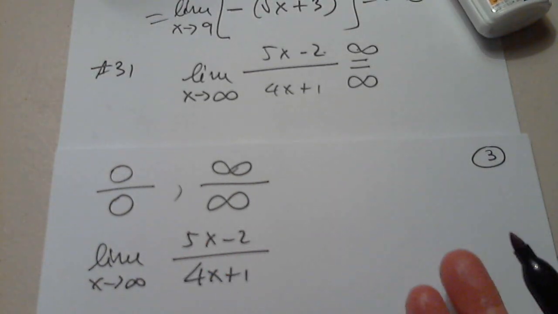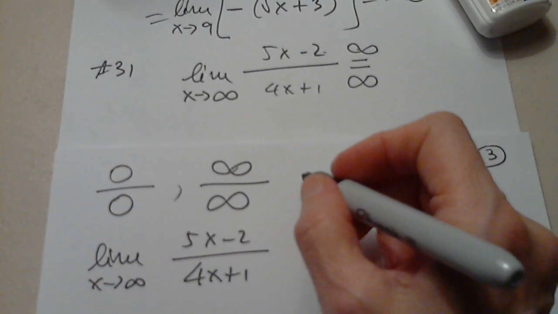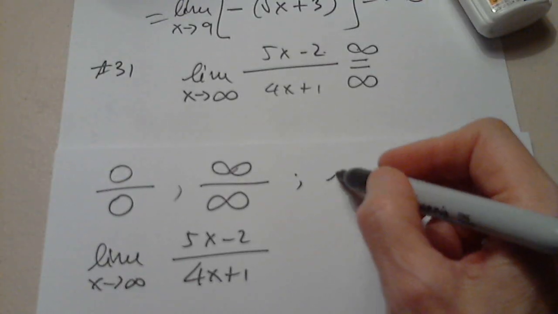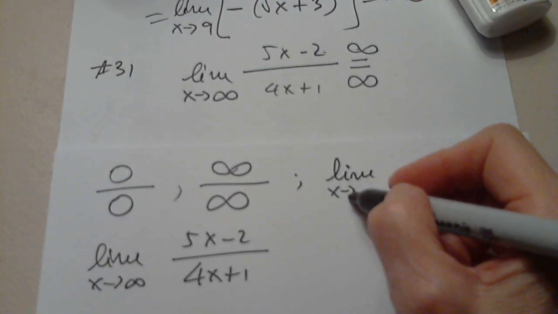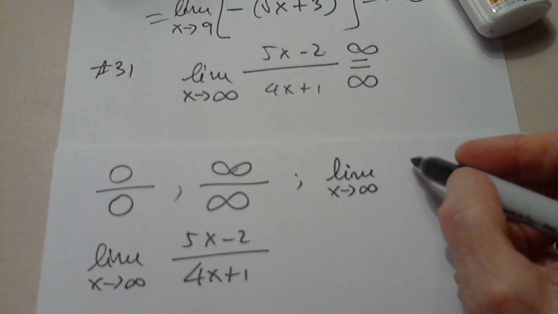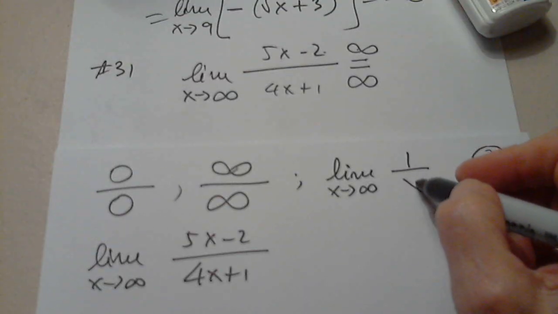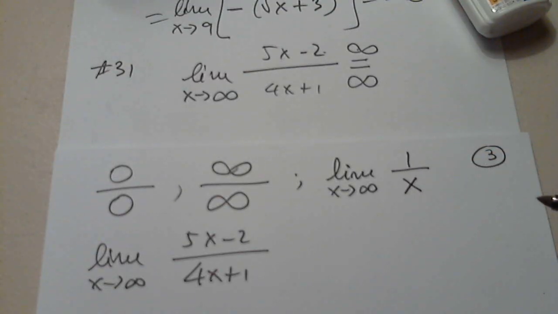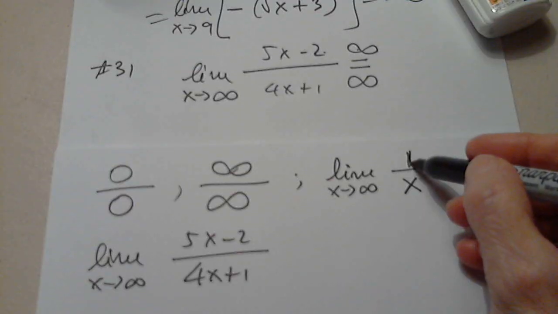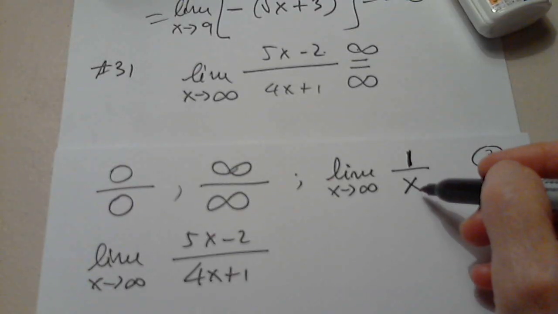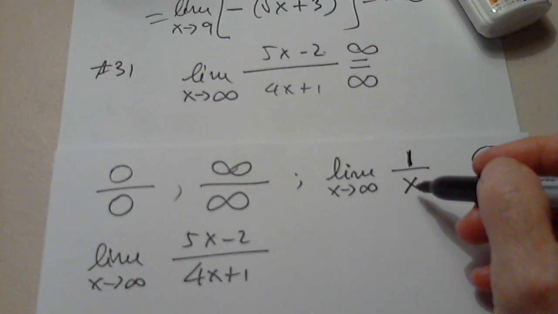Before I show you the technique for this one, I would like to establish something else. Limit as x approaches infinity of 1 over x. The numerator is 1. The denominator is humongous. Huge.